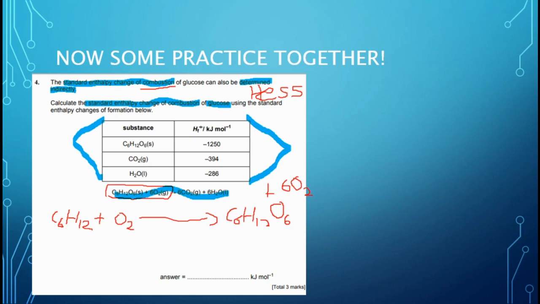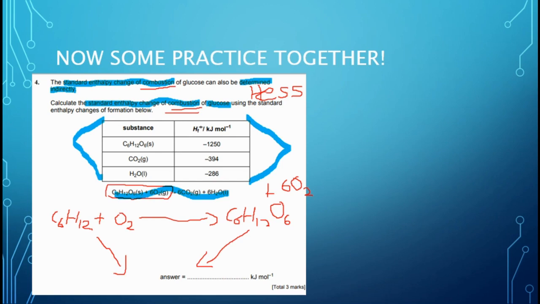Yep. Now we need to draw the final part of the Hess cycle, which is our arrows pointing down. Remember that, because it's a very important piece, that the arrow is pointing down. Now you might be wondering, okay, I have a standard enthalpy change of combustion right now, so what should fit in the bottom?